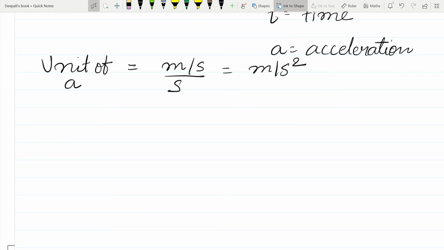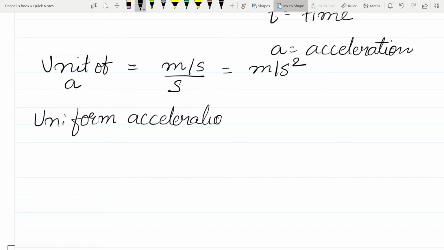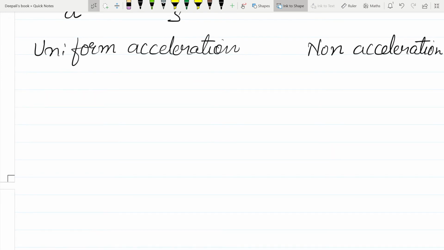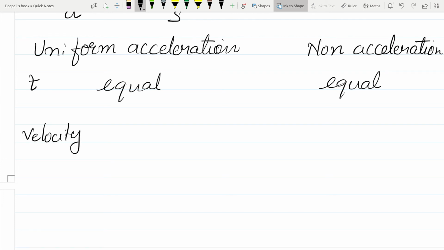When we talk about uniform acceleration and non-uniform acceleration, we are talking about time, which is equal in both cases, and velocity, which is again time, distance, and direction.